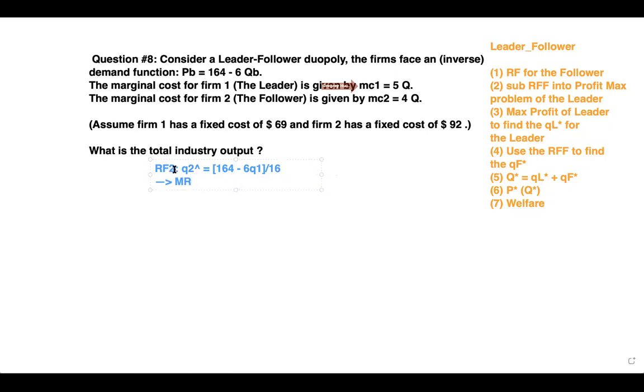Actually, I'm going to change this a little bit. I'm going to call this the follower to be consistent with my notation there. Okay, that's fine. So now we need the marginal revenue of the leader to be equal to the marginal cost of the leader.